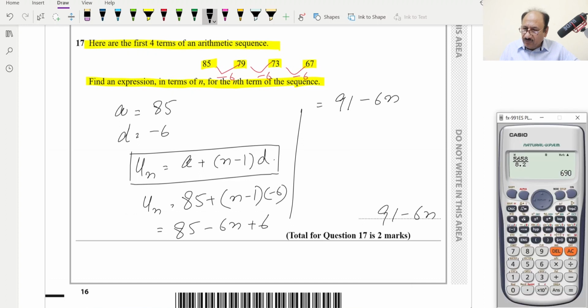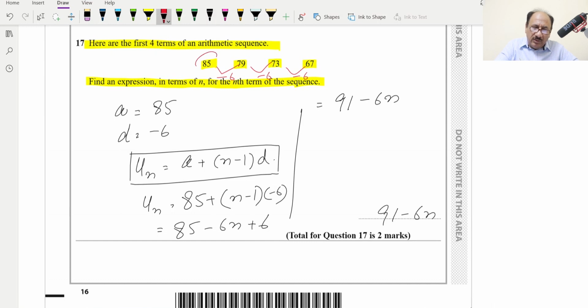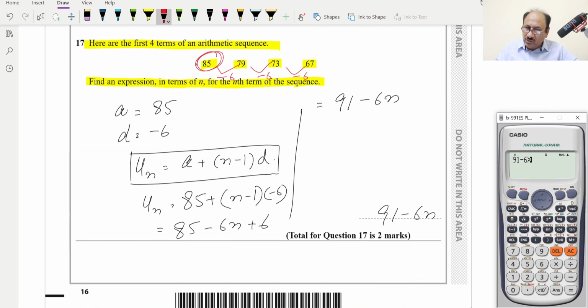So 91 minus 6n, this will be our term, 91 minus 6n. And to double check whether our answer is correct or not, we will type this one in the calculator, 91 minus 6 and this alpha and this x. So we have written 91 minus 6x. Now we will calculate for n is equal to 1, x is equal to 1, and our answer should be 85.